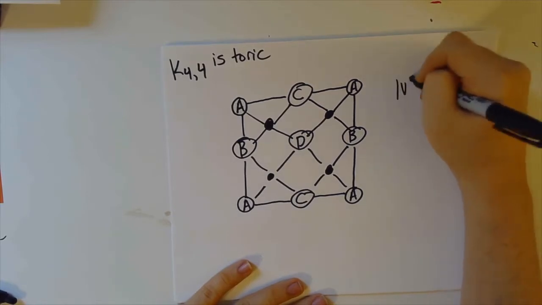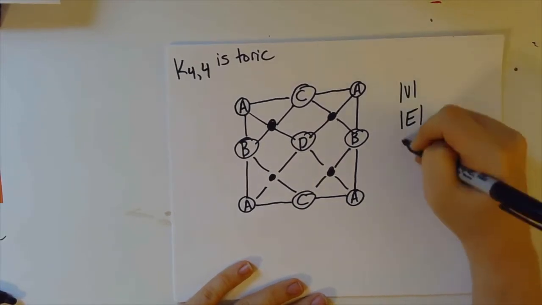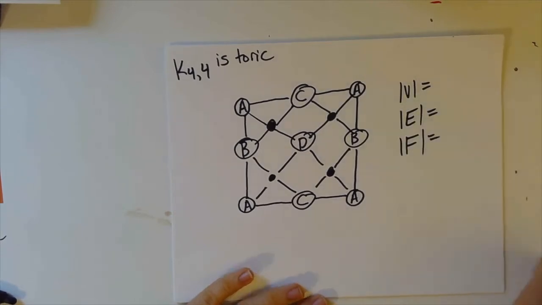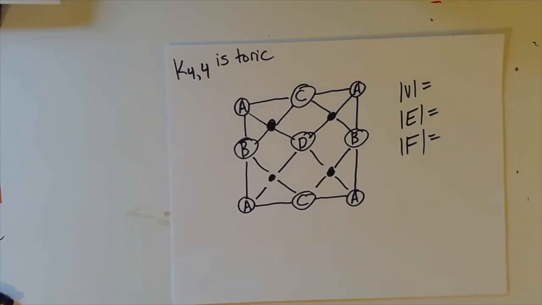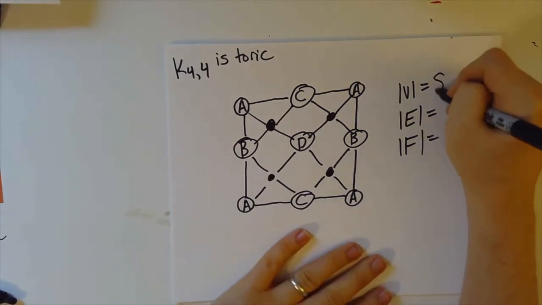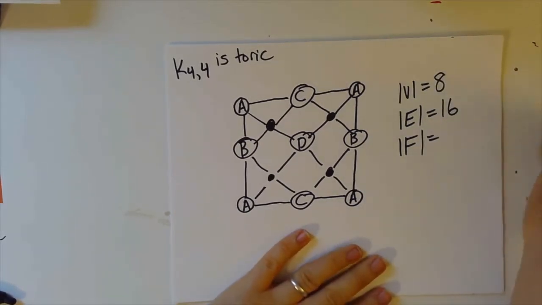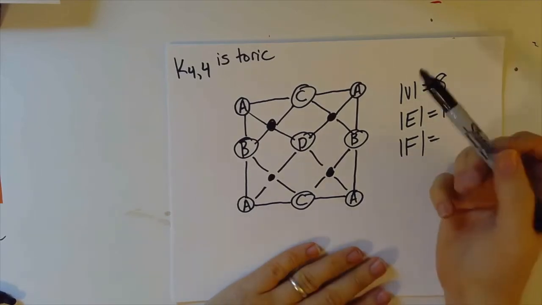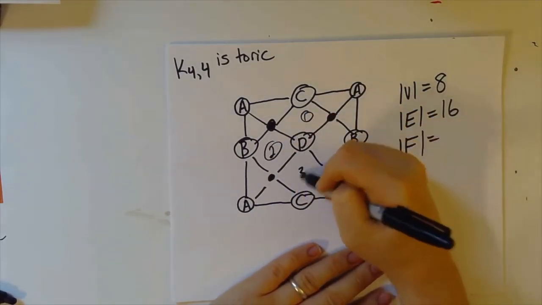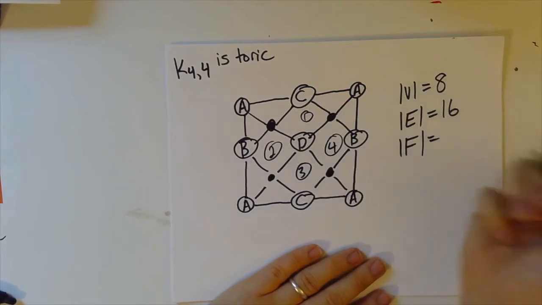Just for fun, let's verify that Euler's theorem happens to work again. So how many vertices are there? Well, there's 8. There are 16 edges. And how many faces are there? Okay, well, here's 1, 2, 3, 4.